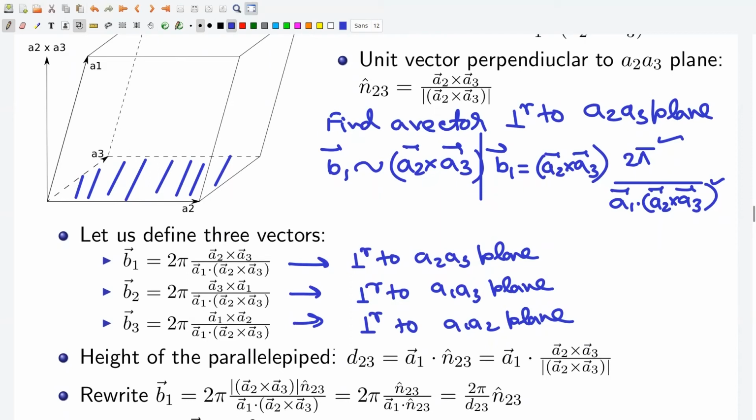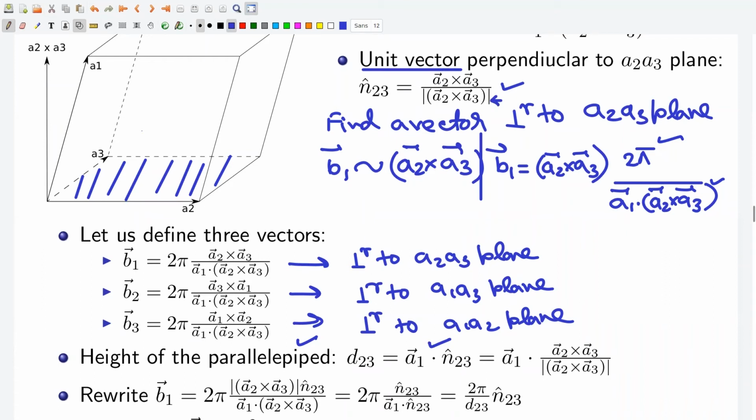The height of the parallelepiped is D23, which is given by A1 dot n hat 23, where n hat 23 is the unit vector perpendicular to the A2, A3 plane. We take the vector perpendicular to the A2, A3 plane and divide it by its magnitude, which gives the unit vector.